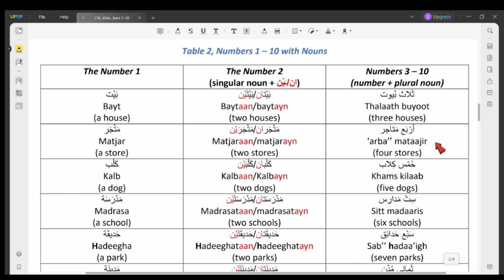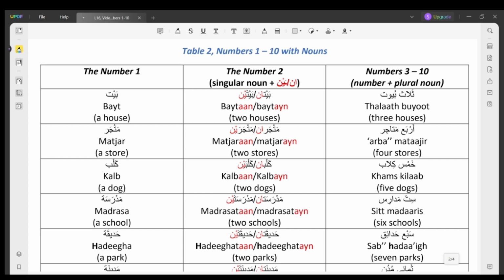As you have probably noticed from the examples, in Arabic, it's not really common to use the number waahid or waahida unless we are really trying to emphasize 1 as opposed to 2 or more things. For example, if we're trying to say a house without really particularly trying to emphasize 1 house as opposed to 2 or more, it's not really common to say bayt waahid.